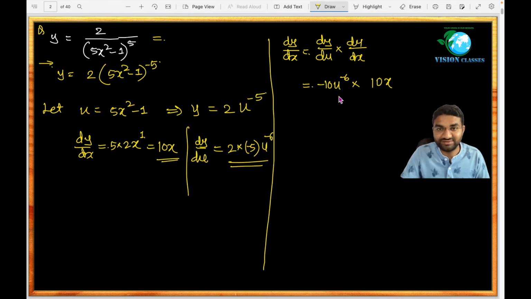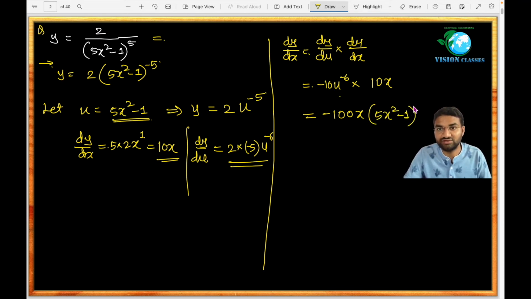Fine. Then just put back this value of u we put earlier, right? So 10 times 10 is negative 100x, and u is 5x square minus 1 raised to negative 6. This is the value of dy by dx.